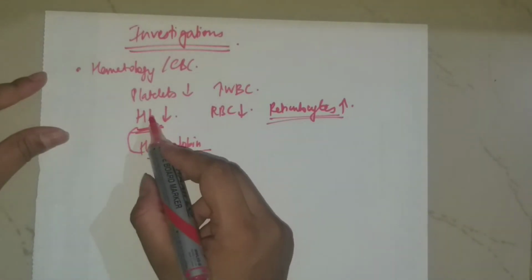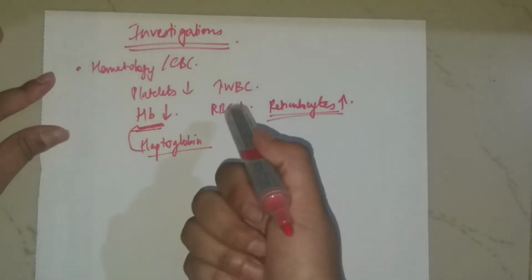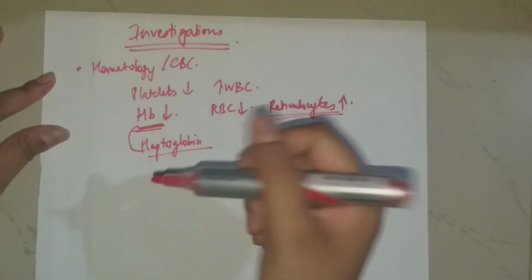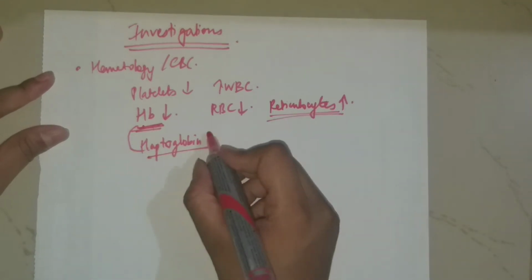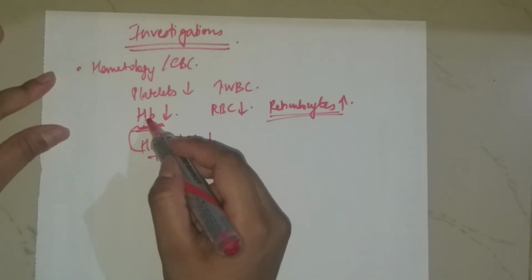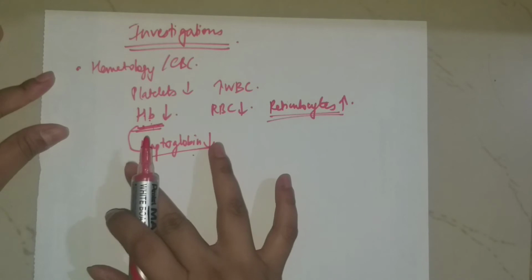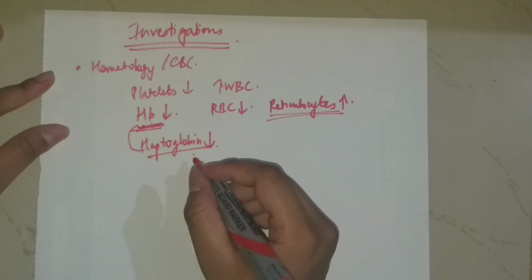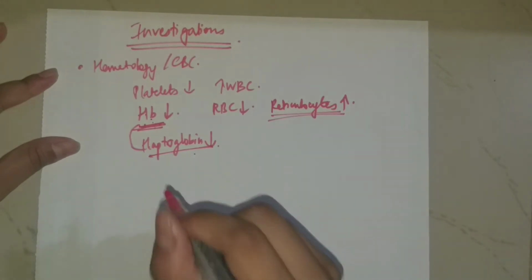So in hemolytic anemia, when there's free hemoglobin, haptoglobin binds to that, so haptoglobin levels reduce because of increased hemolysis, increased free hemoglobin, and haptoglobin binding to that, so there's low haptoglobin also.